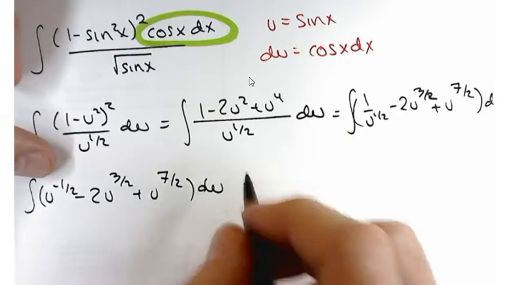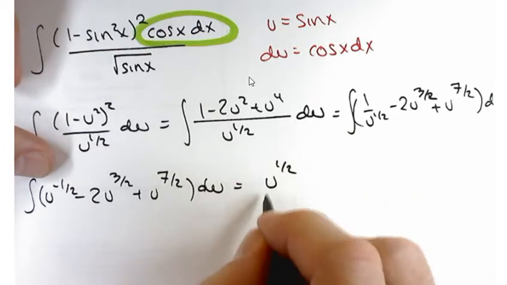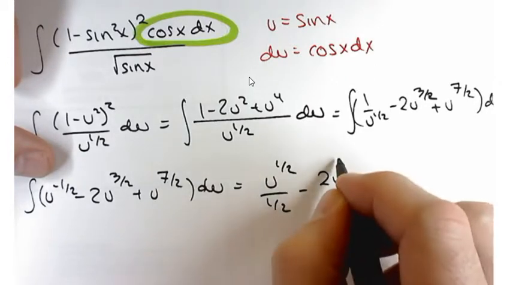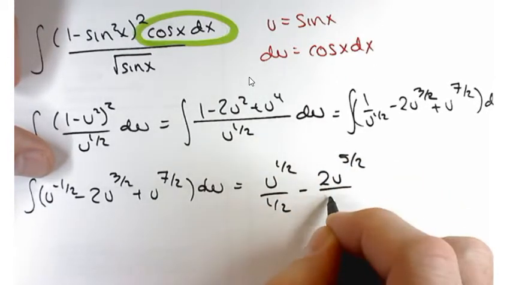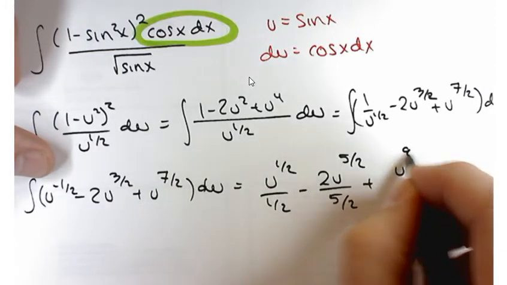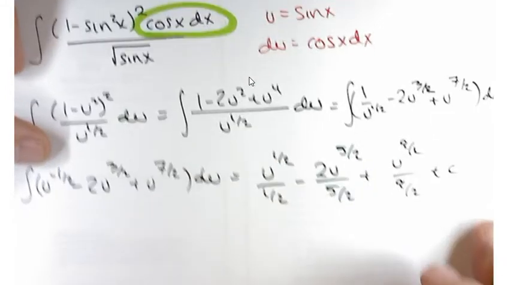You're going to add 1 to the exponent and divide by that same exponent. So u to the 1/2 divided by 1/2 minus 2u to the 5/2 divided by 5/2 plus u to the 9/2 divided by 9/2 plus your constant.